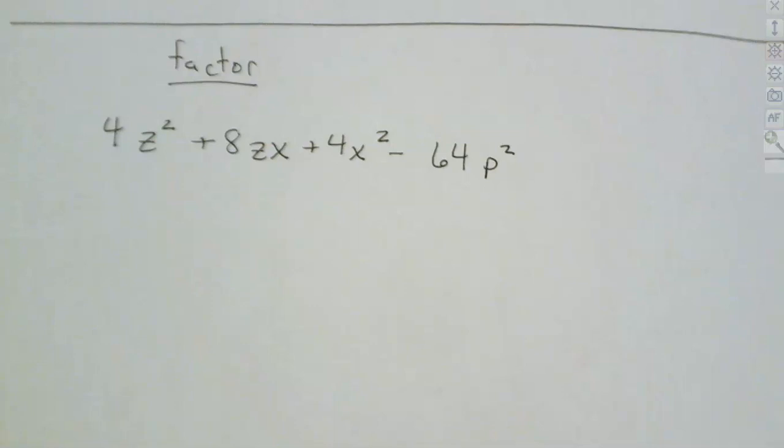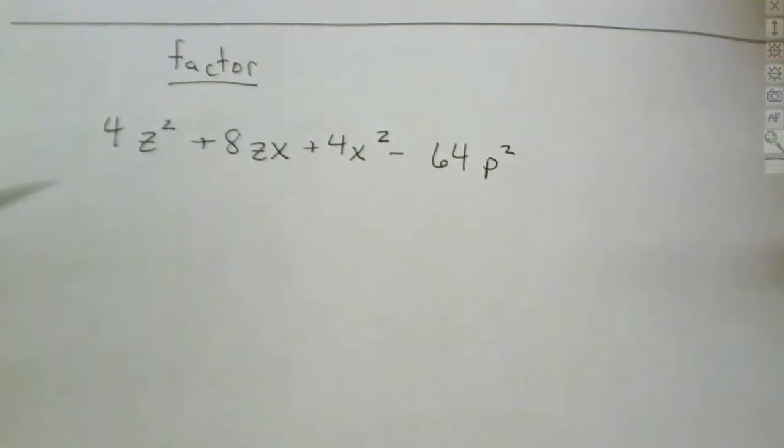What is in common? All these numbers are divisible by what number? 4. Okay? So the first thing I do before I do anything else is I need to see if there is a greatest common factor. Most of the time, there is not a greatest common factor, but in this case, there is.